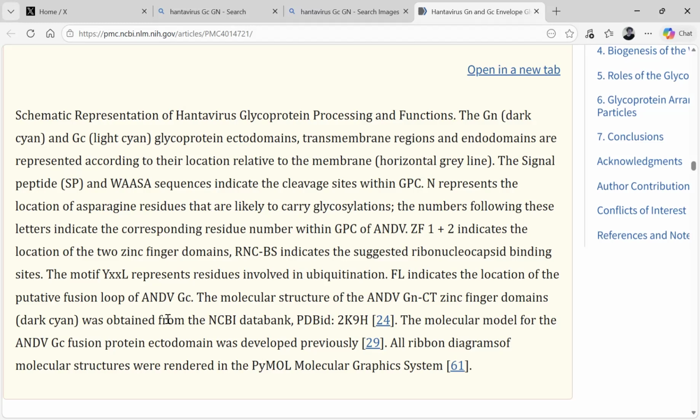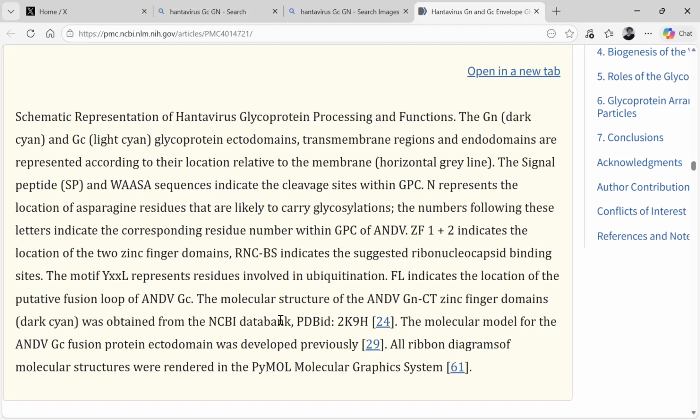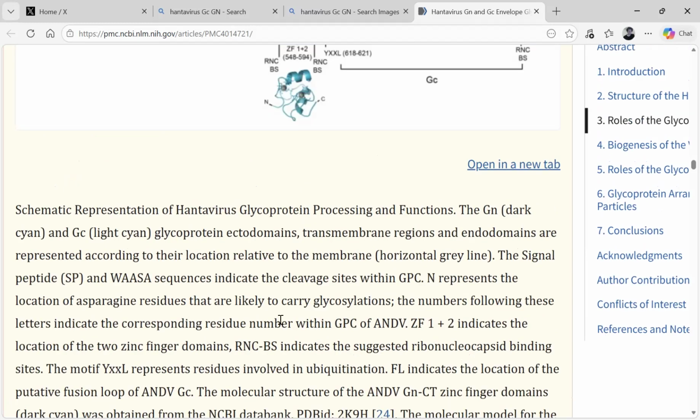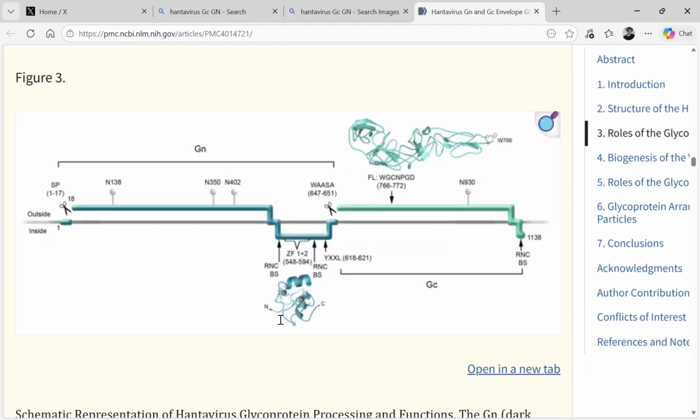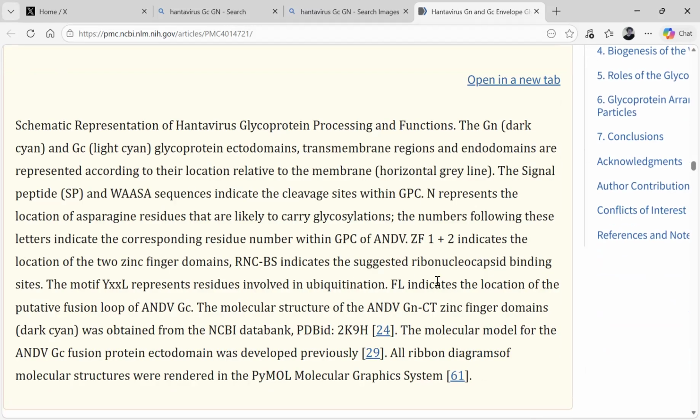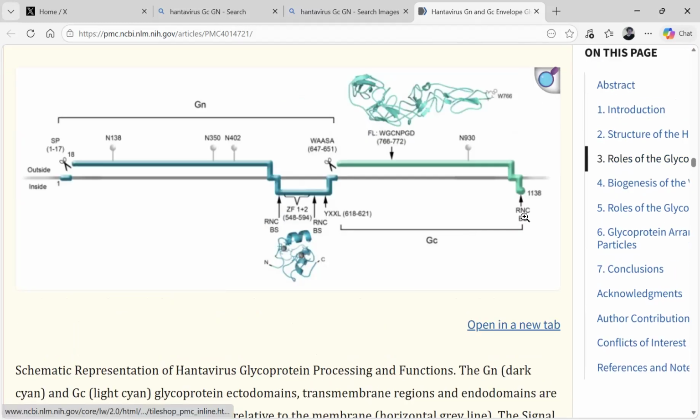Cyan was obtained from the NCBI databank. And these are the ribonucleocapsid binding sites, also here at the end of the GN. I'm sorry, the GC protein.